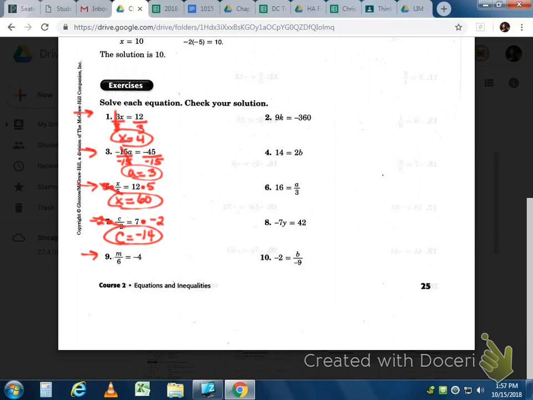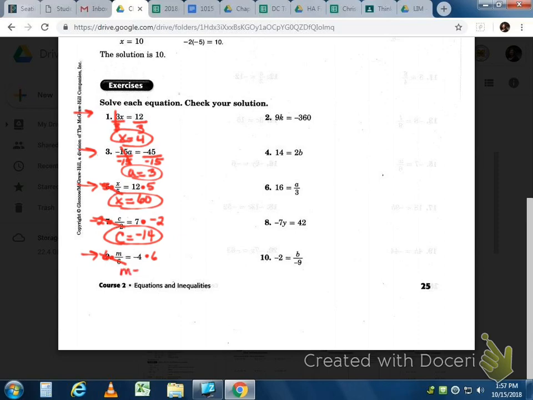If it's division that I see there, the opposite of division is multiplication, so we're going to multiply both sides by the number that's there with m. So 6. And that makes the 6's cancel.